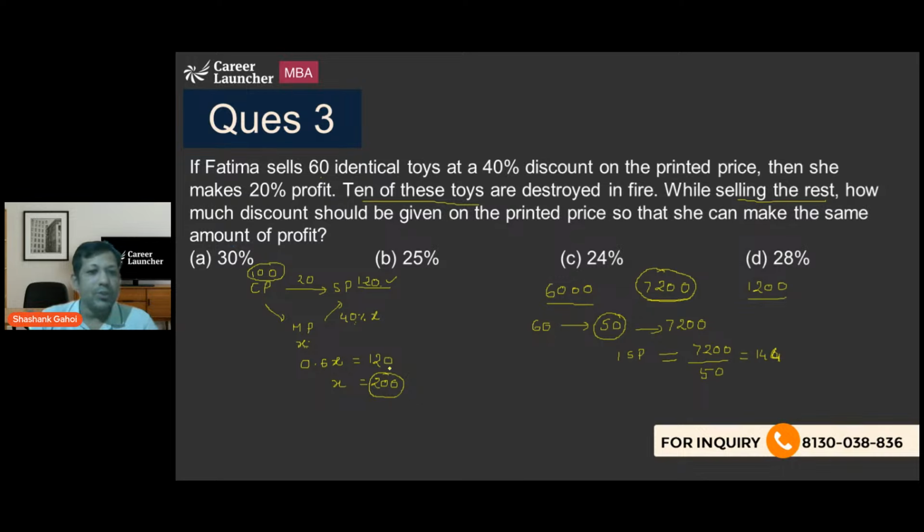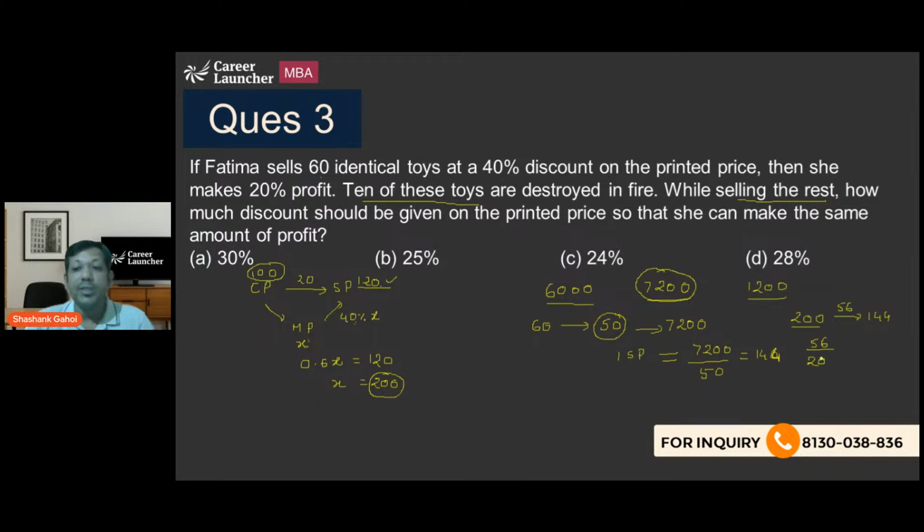So mark price, I would say here, is 200. Selling price is what? 144. How much discount is she giving? She is giving a discount of 56 on an amount of 200.